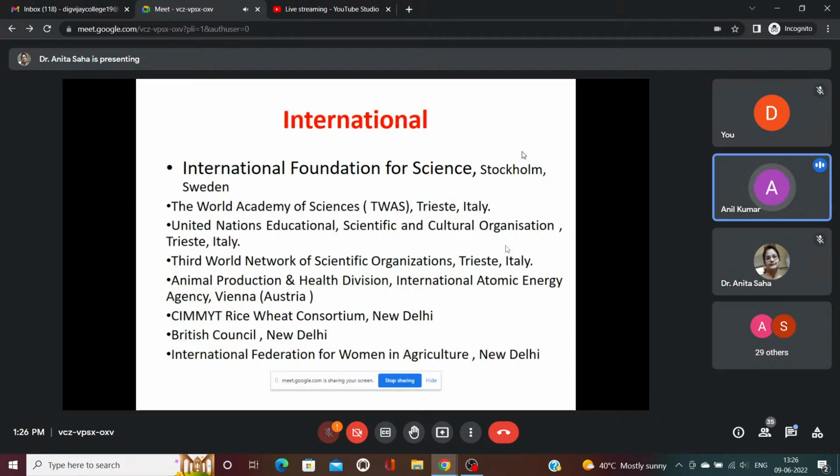These organizations are not only for science. There is scope for arts, literature, and humanities also. Researchers can use these schemes to get a research grant for your research work. Next one.